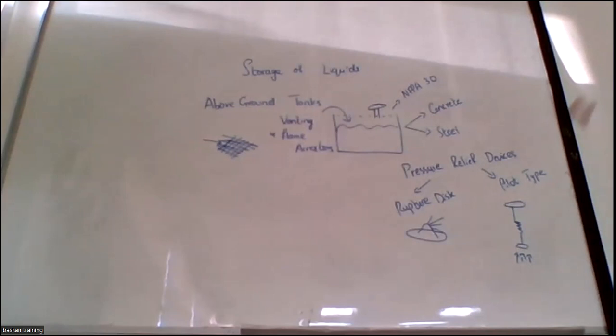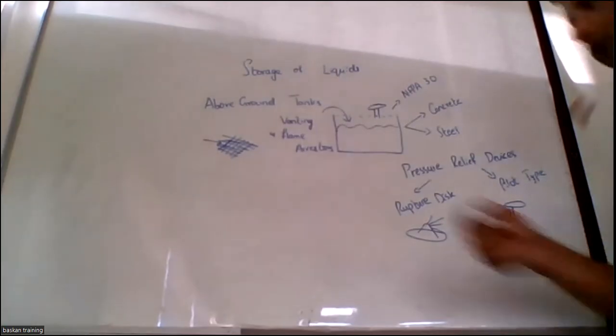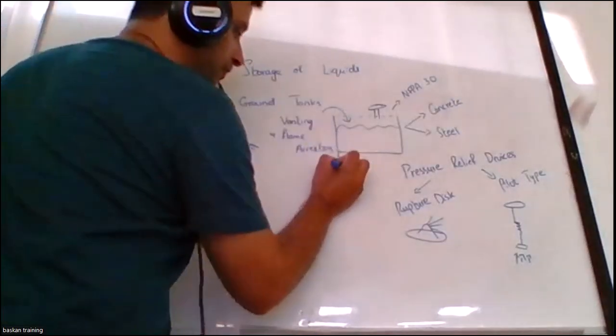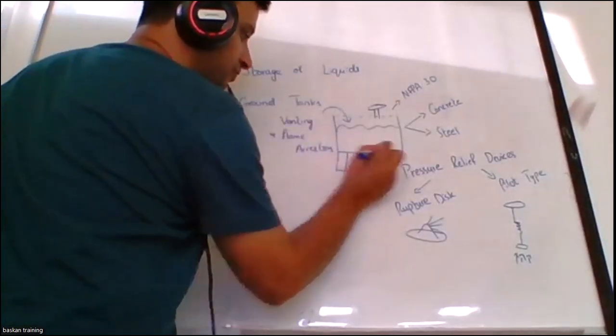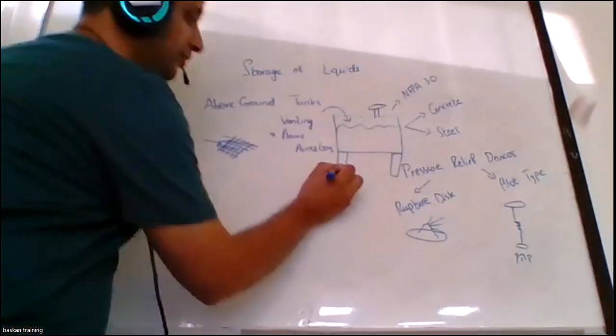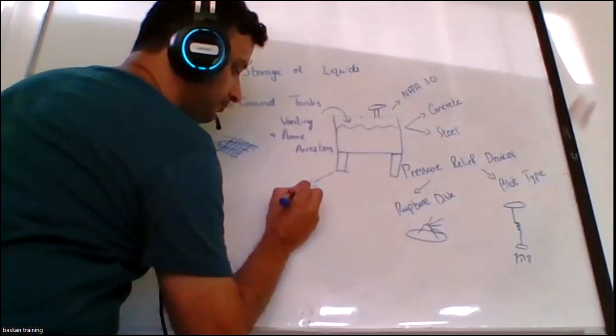Then, most of the failures of the above ground tank are because of the collapse of foundation and supports. So foundations and supports in case of fire incidents.